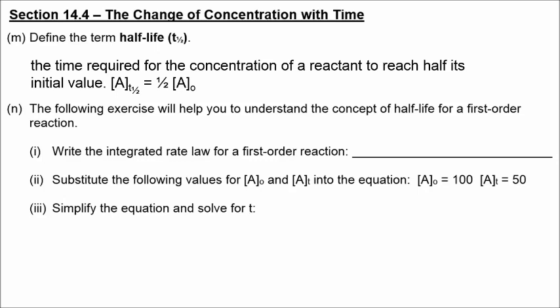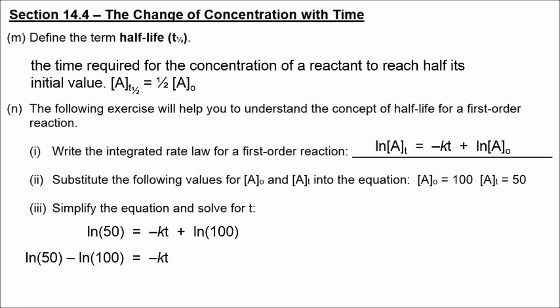So remember that the integrated rate law for a first-order reaction is natural log of A sub t equals negative kt plus the natural log of A sub 0. If we substitute values of 1 and 50, so we began with 100 as our concentration and then we ended up with 50, then that value of t would be the half-life.